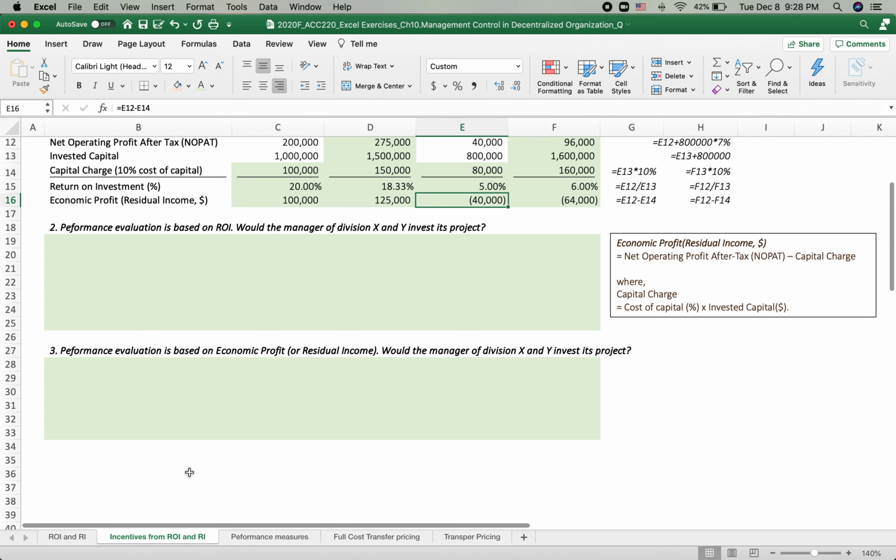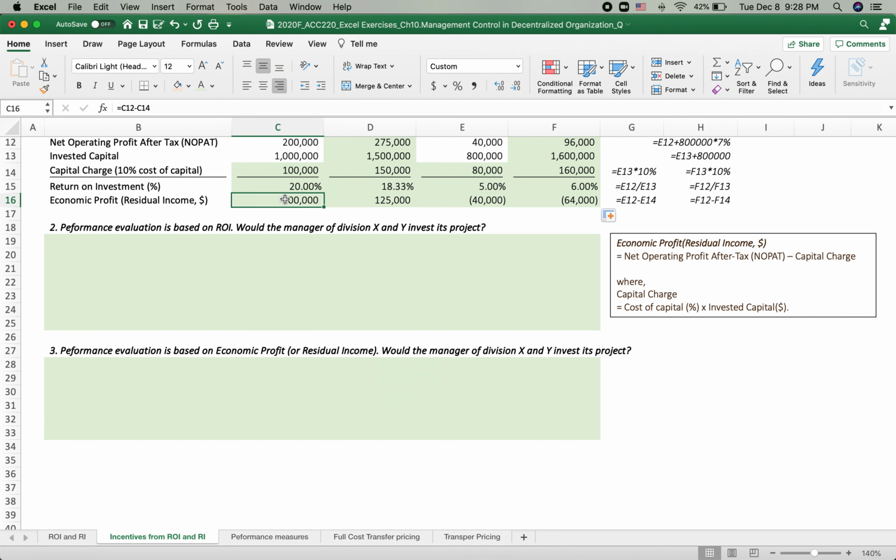Number 3, performance evaluation is based on economic profit. Now we have a totally different story. The manager of division X should accept project A because economic profit has increased from 100 to 125, even though the return on investment percentage has decreased.